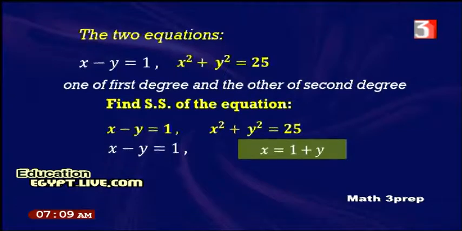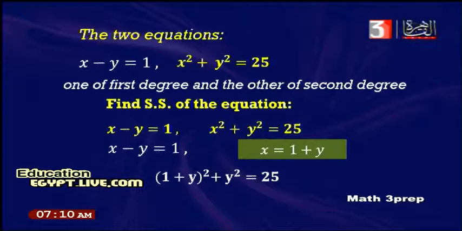Now we have found that x equals 1 plus y. Take the value of x, which is 1 plus y, and substitute with it in the second degree equation as follows. Instead of x, write (1 plus y) all to the power of 2, plus y to the power of 2 equals 25. Can you obtain a value for (1 plus y) all to the power of 2?